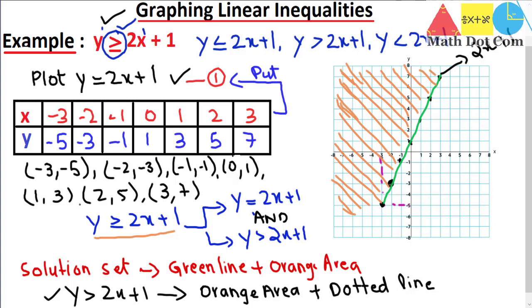So this is how the inequality with the equal sign and without the equal sign differ: a dotted line when there is no equality sign in the given equation, and a solid line when there is an equality sign.